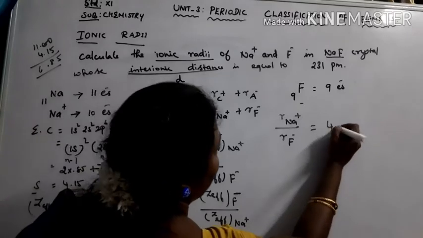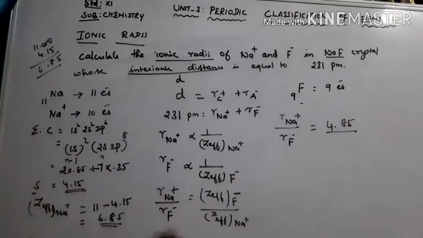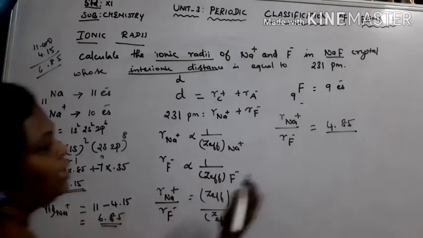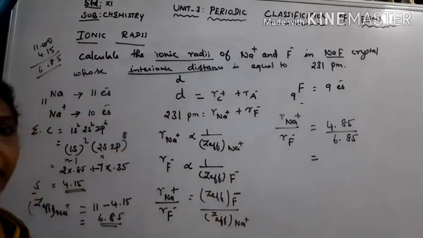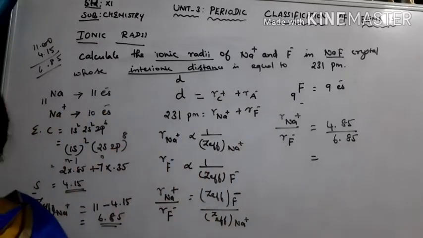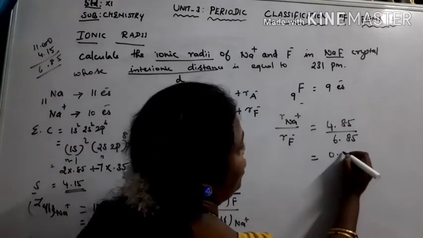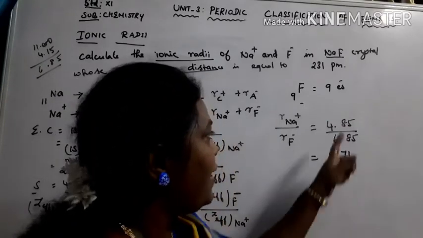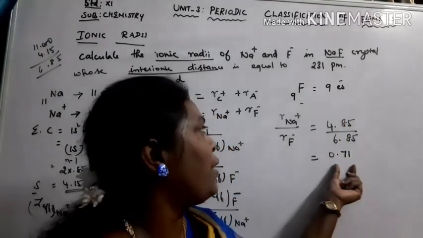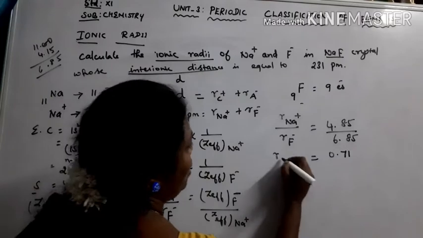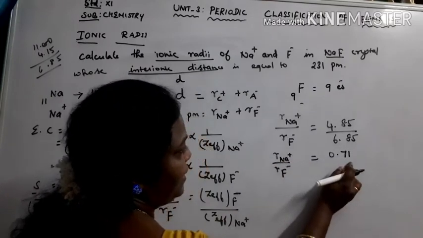We have calculated 4.85 here, and the effective nuclear charge of Na plus is calculated as 6.85. Dividing 4.85 by 6.85, we are getting 0.71. Now the radius of Na plus by the radius of F minus equals 0.71.